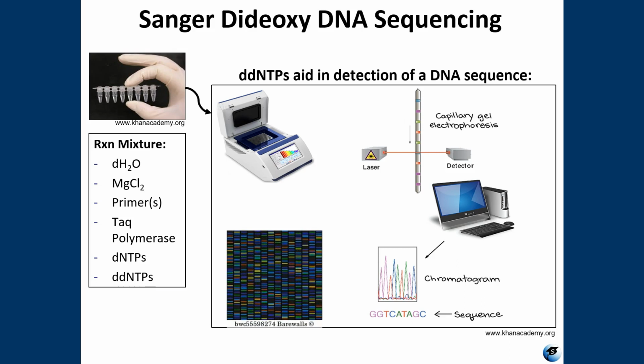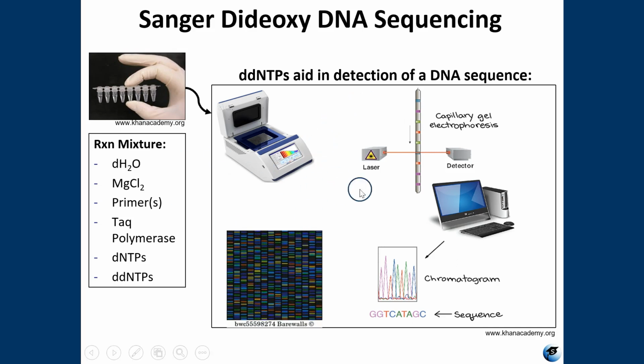And then again, very similar to PCR, you put this into a machine that automatically cycles it through temperatures, and then it runs through a gel, and then there's a laser that can actually read which fluorescent tags are where. So as your reaction runs through this gel, the laser sees, for instance, red, and it knows that red is thymine. It sees a blue light, and it knows that that is for cytosine.